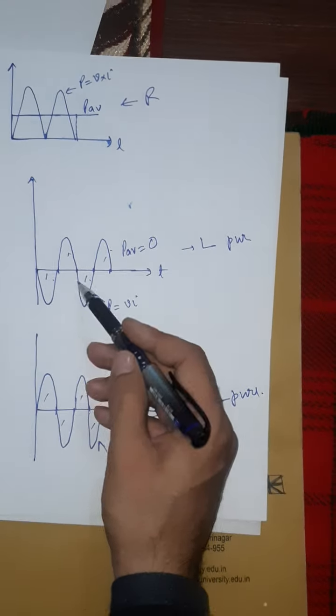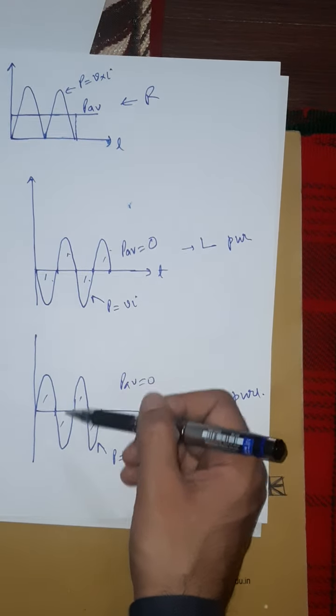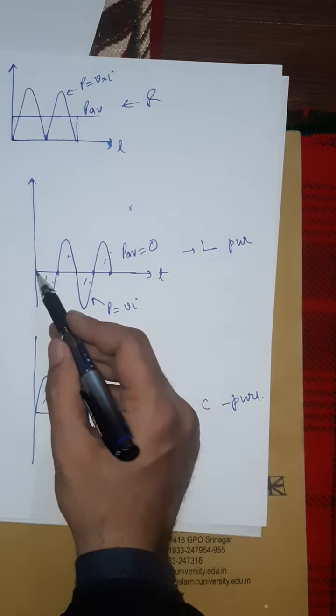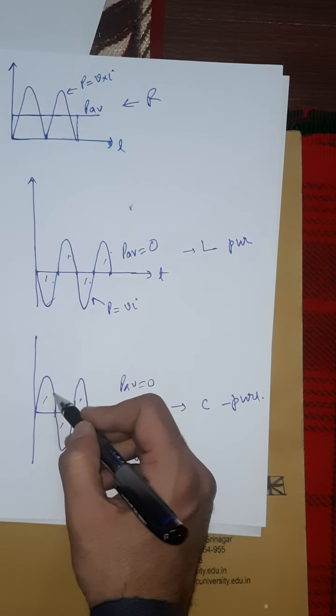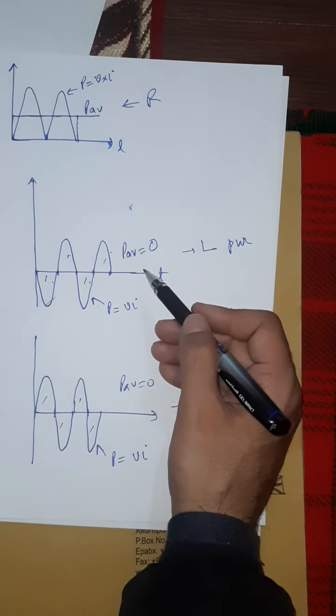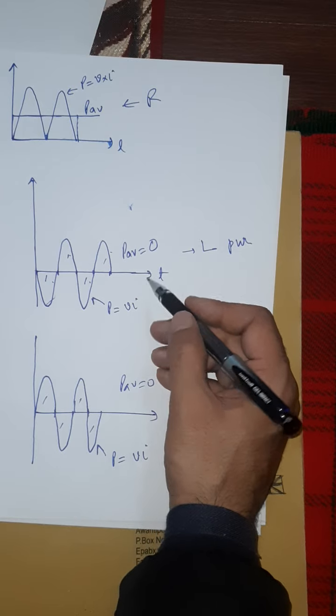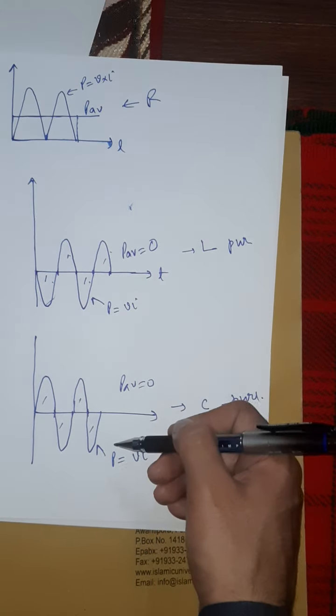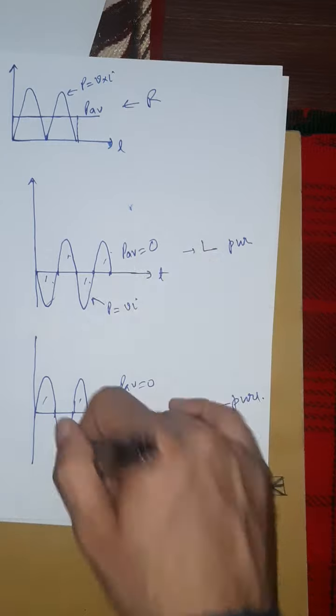And moreover, if you analyze these two curves, what will happen? You can see here power is negative, here power is positive. So the power waveform of a purely inductor and the power waveform of a purely capacitor are 180 degrees out of phase with each other.